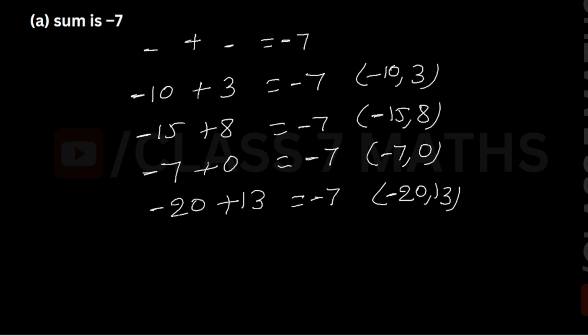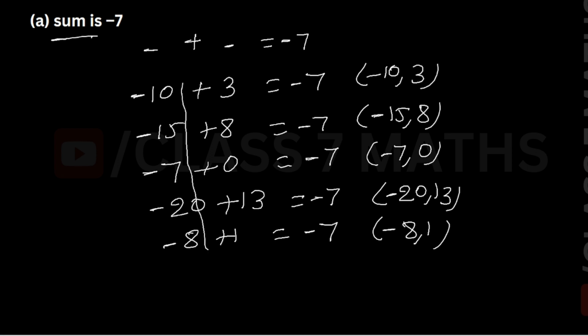The last pair, minus 8 plus 1 equals minus 7, so the pair is minus 8 comma 1. So for the sum, we have used the positive sign and the pairs are minus 10 comma 3, minus 15 comma 8, minus 7 comma 0, minus 20 comma 13, minus 8 comma 1.